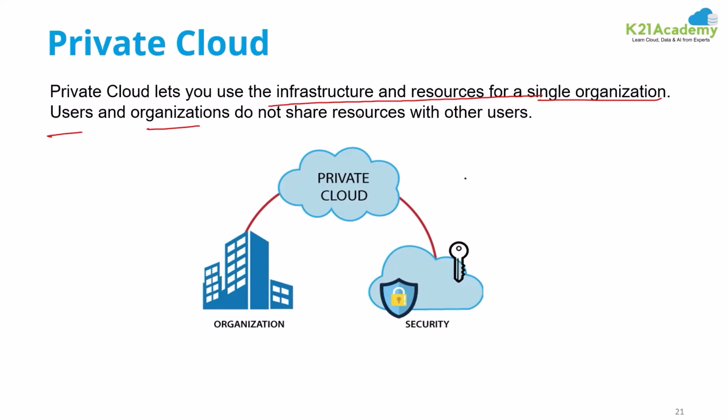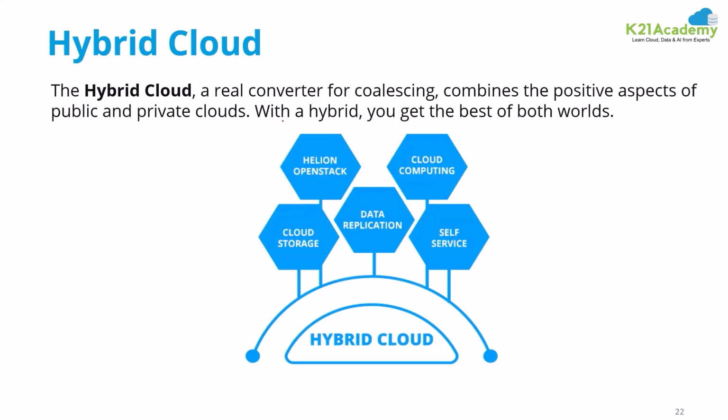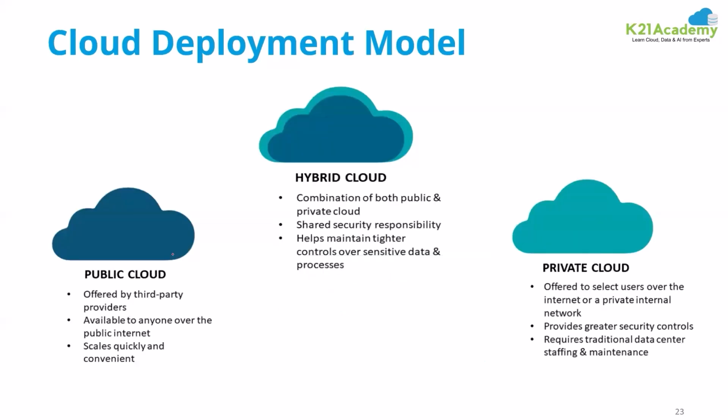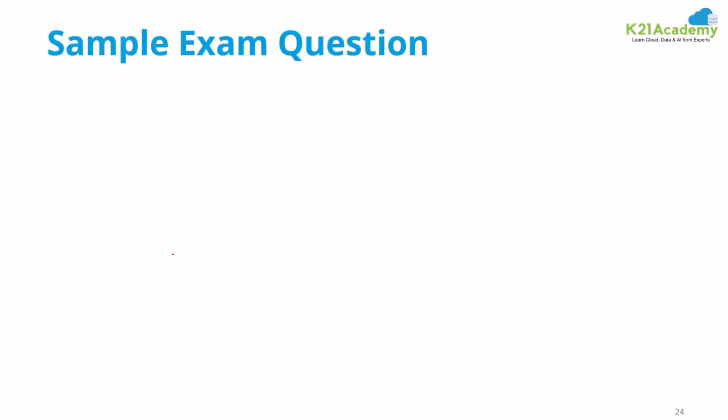Users and organizations do not share resources with other users and organizations. It gives the most secure cloud environment for an organization, but it is also costly. Hybrid cloud is something that we have understood. It's a combination of public cloud and private cloud, where you use some of the best services available on public cloud and some of the services available on private cloud. Cloud deployment models are the same thing we have just discussed, just a differentiation between them.